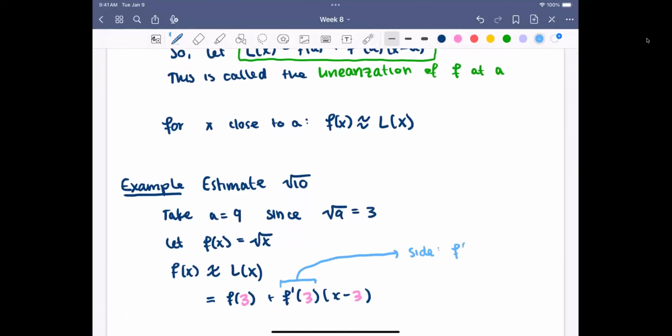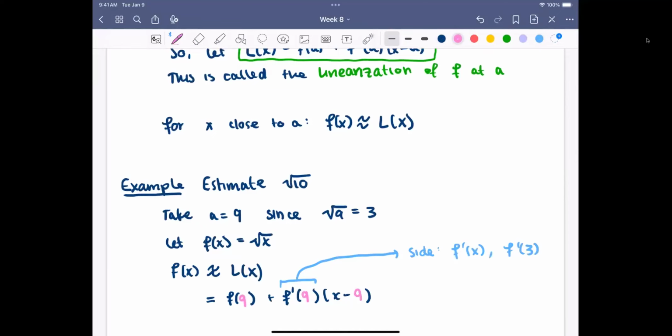So let's calculate f prime of x and then plug in 9. Yes, sorry, a is 9. Yeah, so we're plugging in a everywhere, so it should be 9. Thanks.